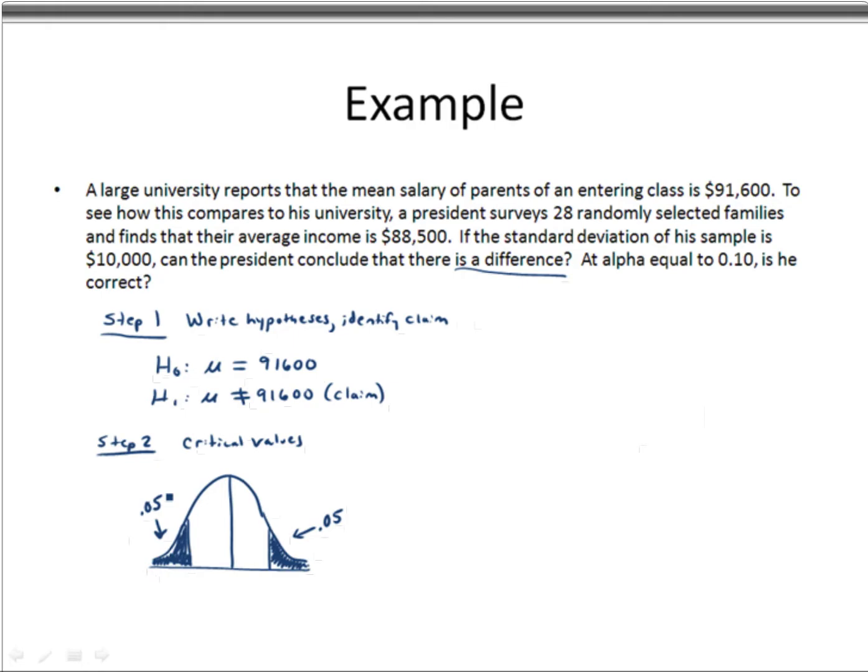I know that in order to use table E, I'm going to have to find the area between 0 and the z-score. And so subtracting the 0.05 from 0.5 gives me 0.4500.